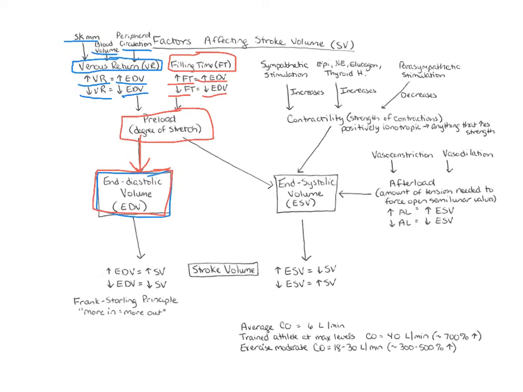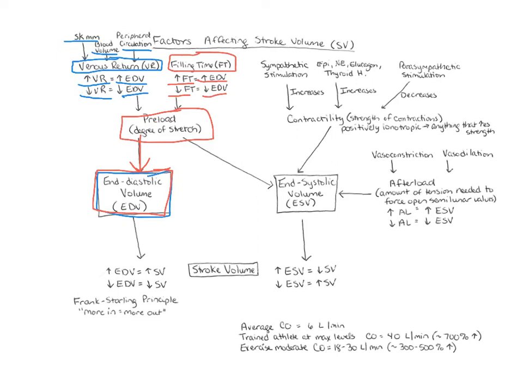It's the degree of stretch. So, in other words, if you have increased preload, that means there's more blood in the ventricles. If you have decreased preload, that means there's less blood in the ventricles. That's probably a better way of saying it, right?